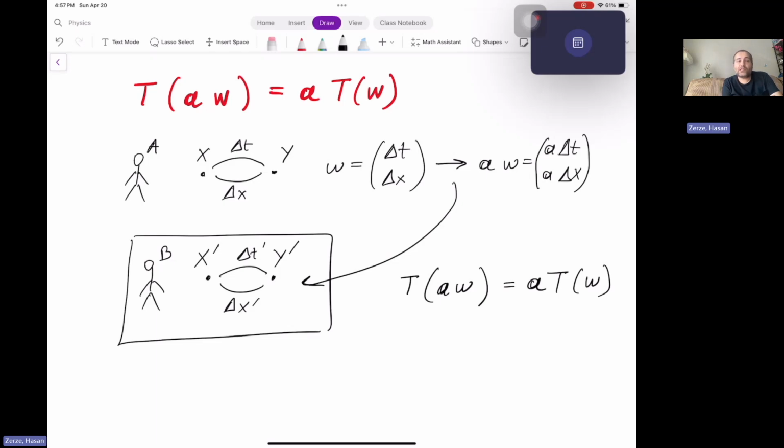So I can actually change the unit system and then transform, or I can transform and then change the unit system. That would do the same thing. So we have shown that the transformation of AW is A times TW, which completes the proof.